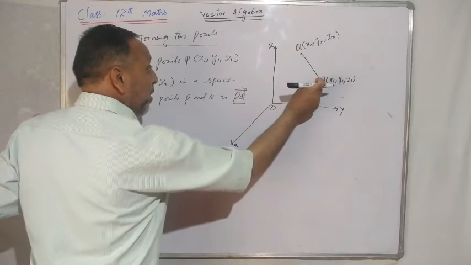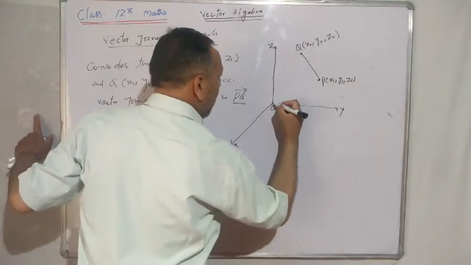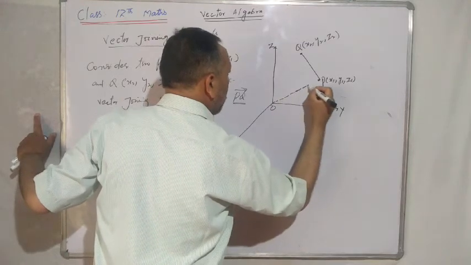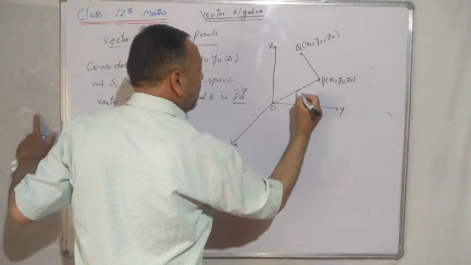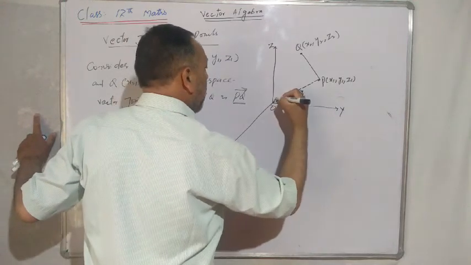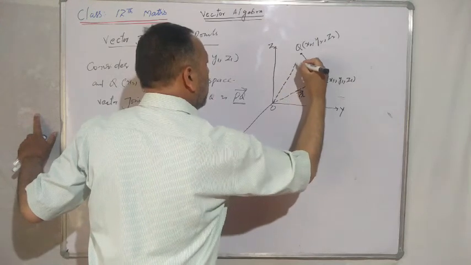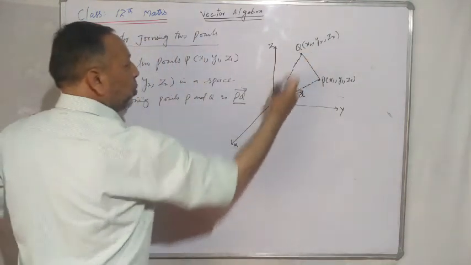To find the position vector of P, join this P to O, join it to the origin. Let me say the position vector OP is vector A. And then join Q with OQ.